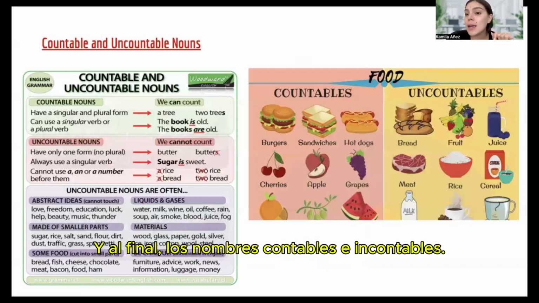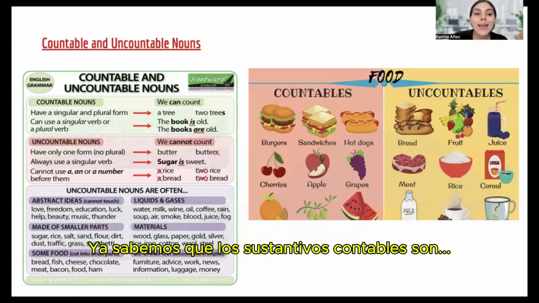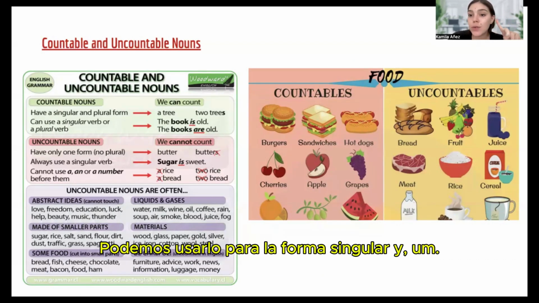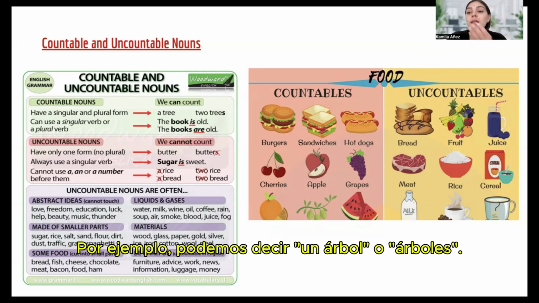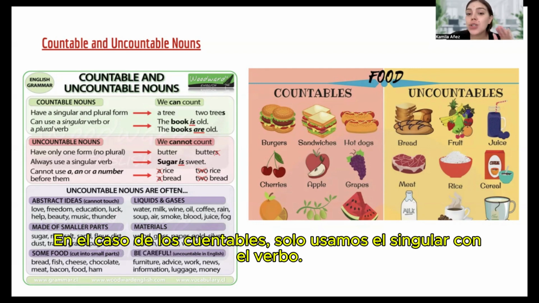All right. And at the end of it, countable and uncountable nouns. We already know that countable nouns, we can use for singular and plural form. As an example, we can say a tree or trees. We can say book or books. All right. Uncountable, we just use for singular verb.